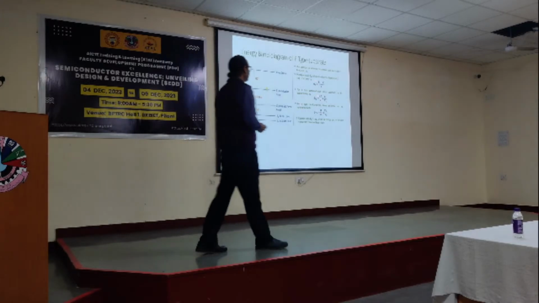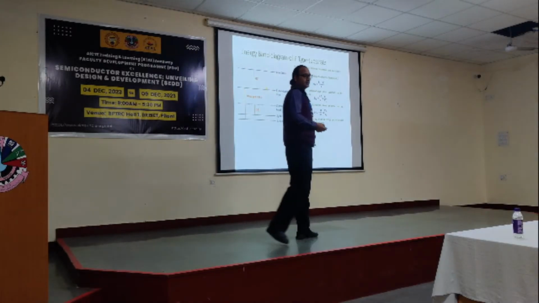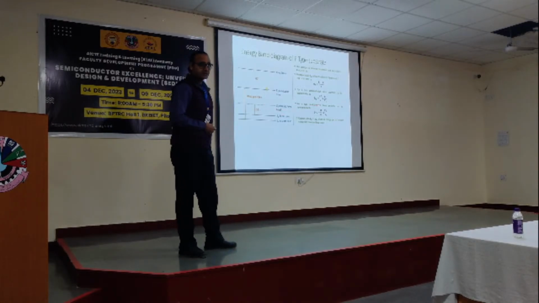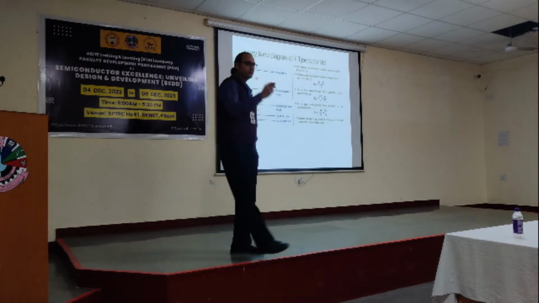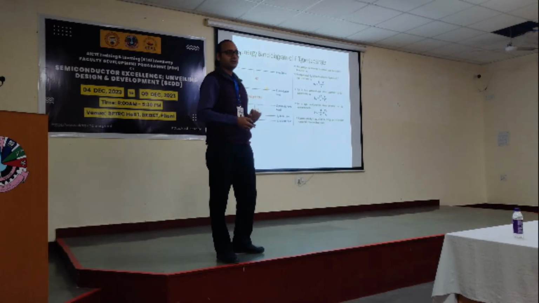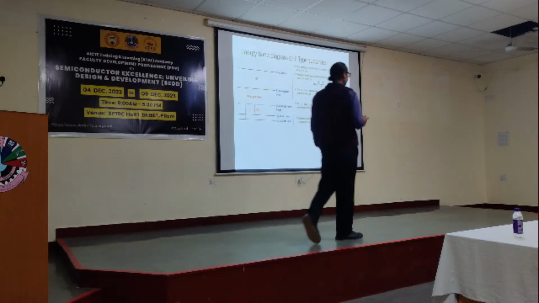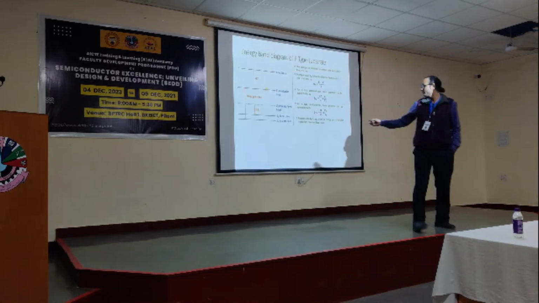And there is another term called Fermi potential. If there was no doping in the semiconductor, what was there? Conduction band, valence band, and this intrinsic level. Now we dope it, and the Fermi level is shifted. This shifting of the Fermi level is referred to as Fermi potential.